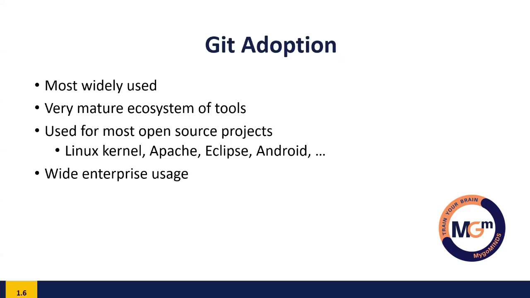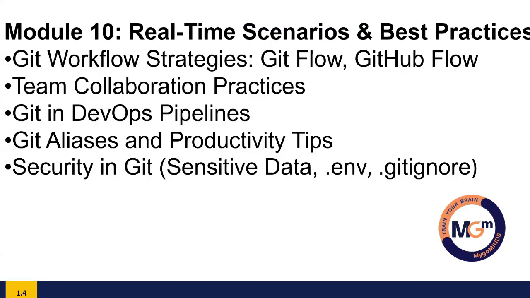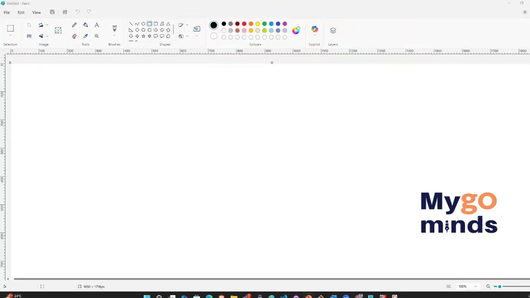Okay. So what is the adoption? Something like, what is it? Why do we need source code management? Actually, for example, these are the developers. So these all are developers.